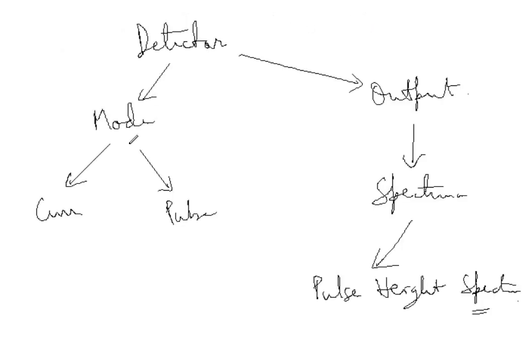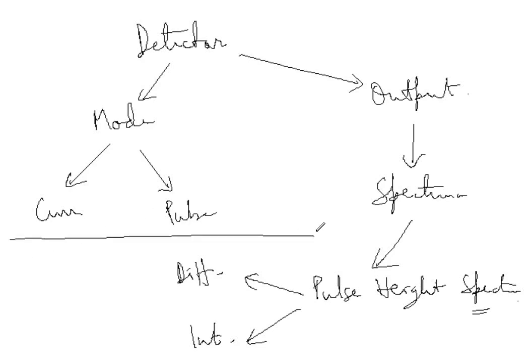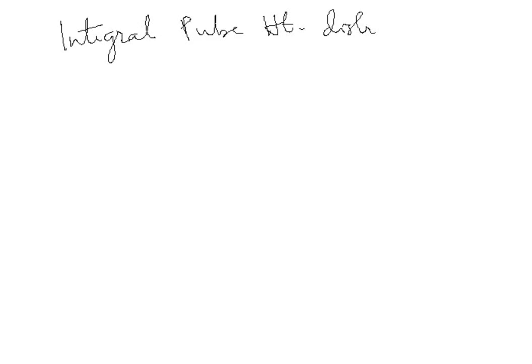Okay, so basically we are talking about pulse height distribution, and there also we have two types. One is differential pulse height distribution and another is integral pulse height distribution. Now this is what we are going to talk about now.